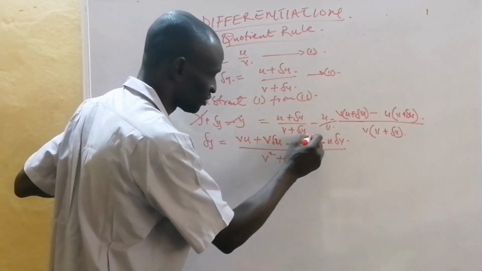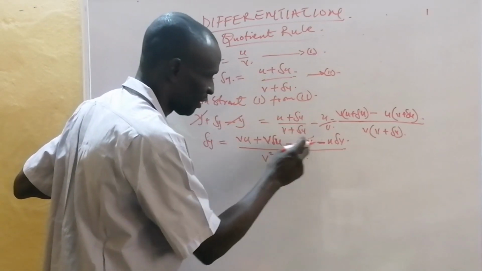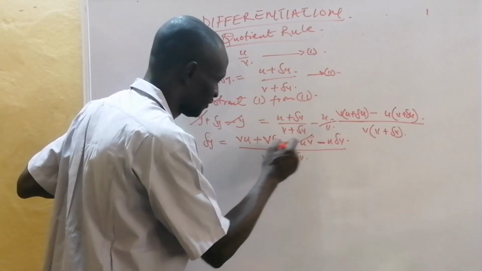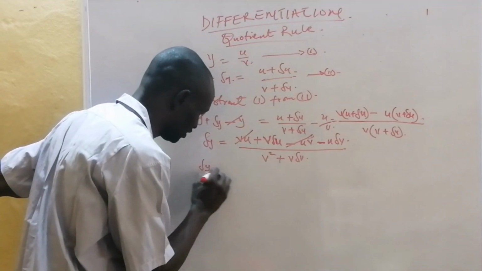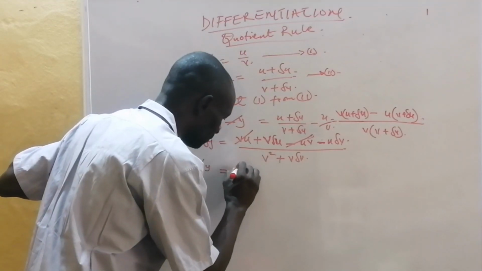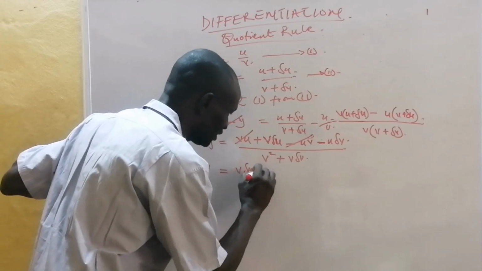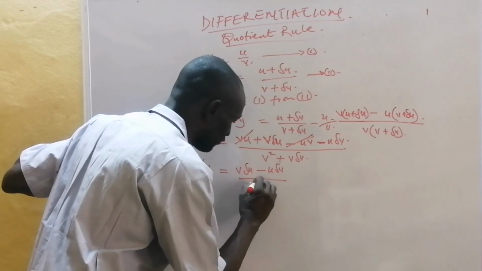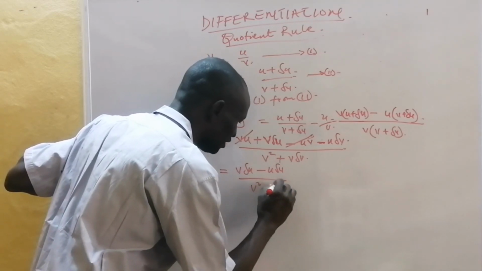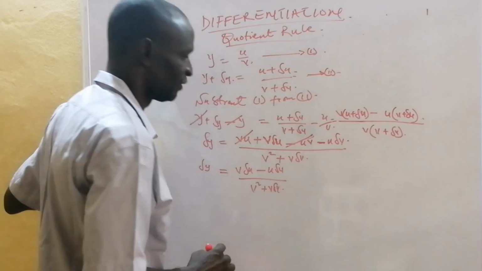Now when you look closely, you see that this is vu minus uv, it cancels out. Then I'm left with a change in y equal to v change in u minus u change in v over v squared plus v change in v.